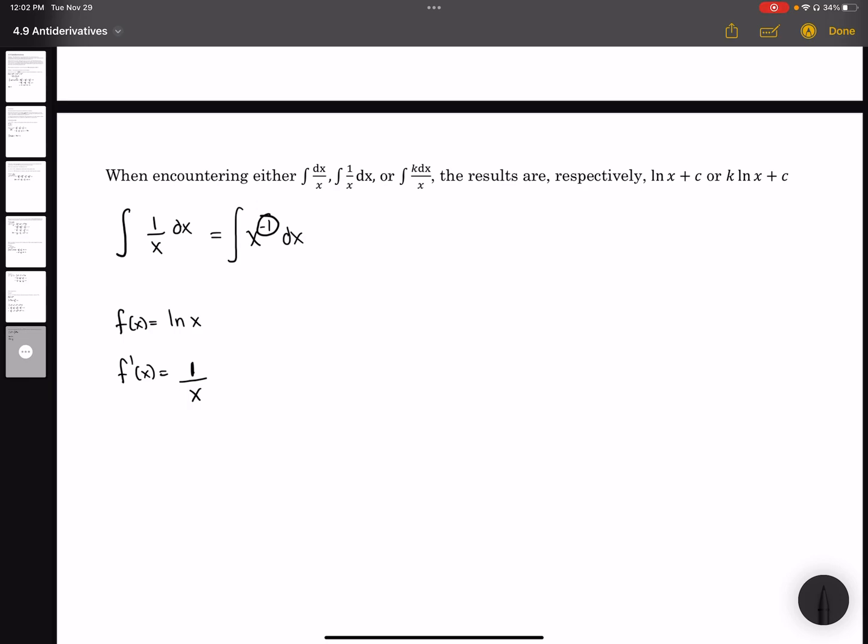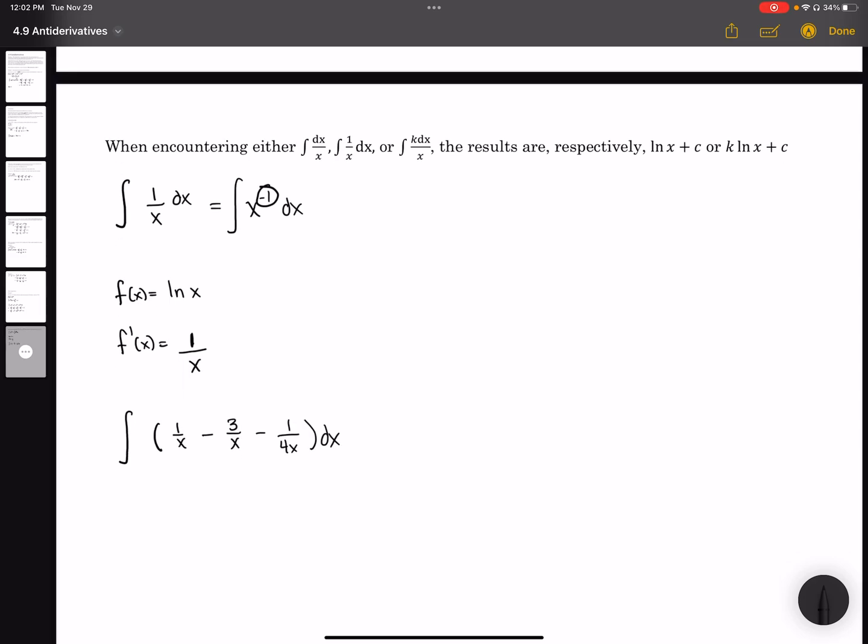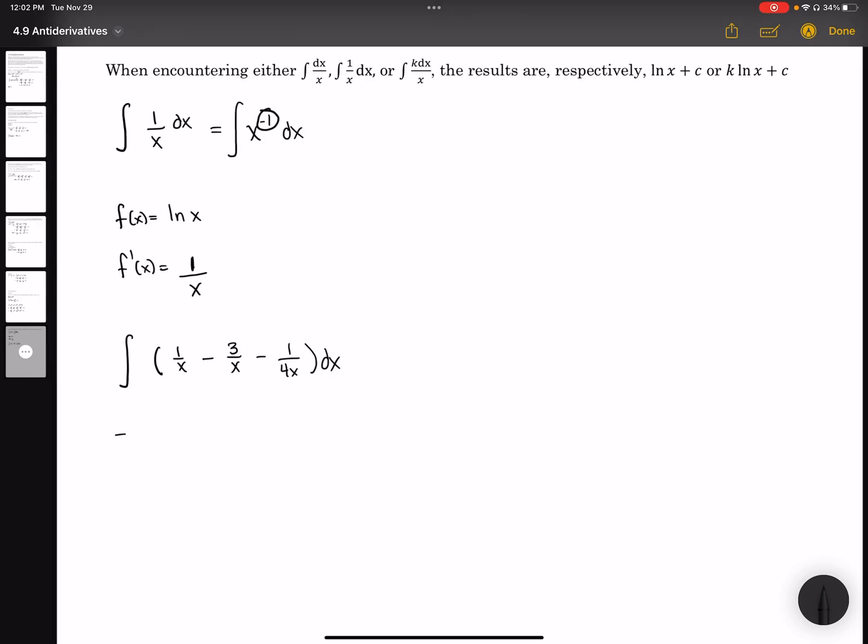Quick example: the antiderivative of 1 over x minus 3 over x minus 1 over 4x dx equals the natural logarithm of x minus 3 natural logarithm of x minus 1/4 natural logarithm of x plus c.